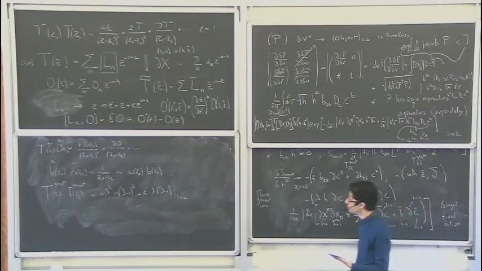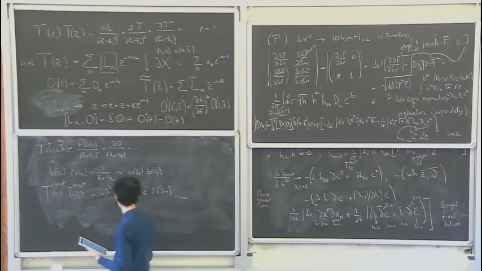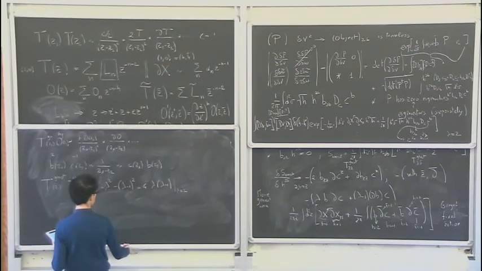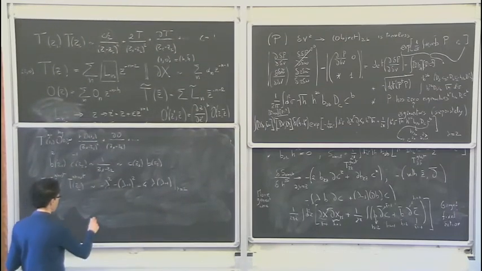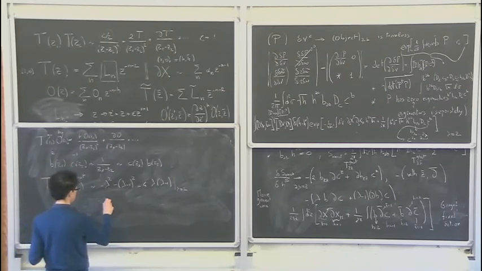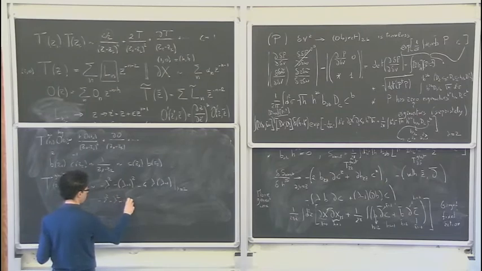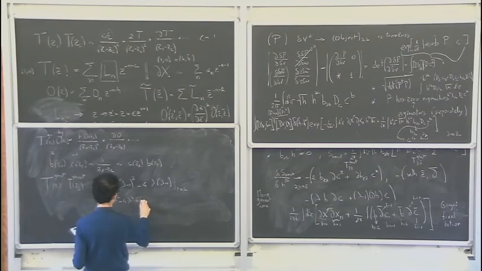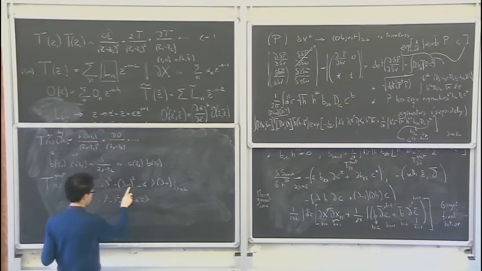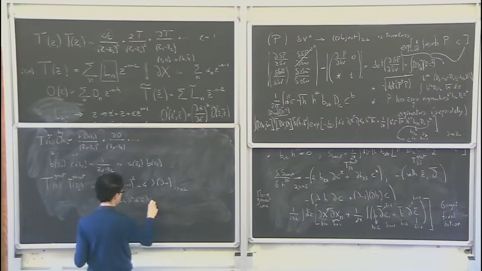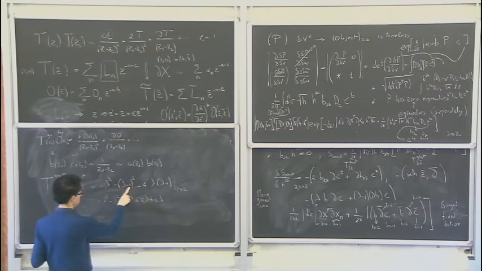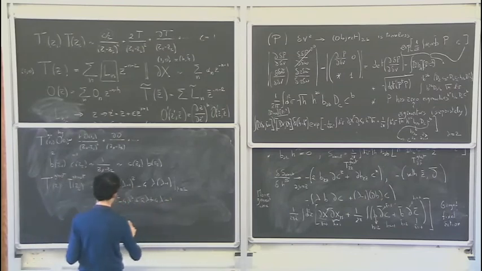So let me do the algebra here, because then this will come back. We have minus lambda squared, minus lambda squared, minus 4 lambda squared from here and from here. And then I have plus 2 lambda from here, plus 4 lambda, and then I have minus 1.